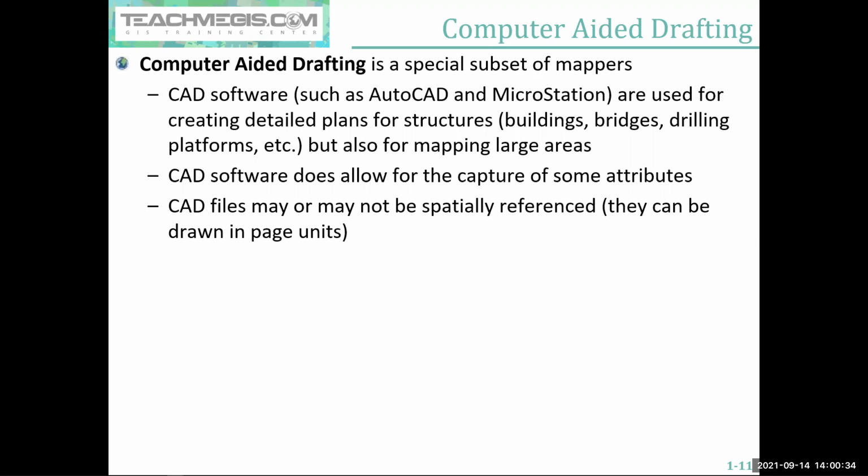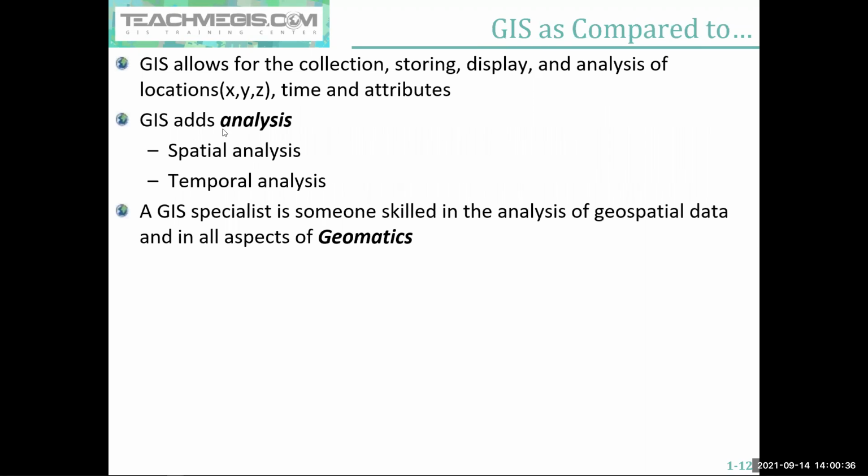The thing that makes GIS different is that GIS adds analysis into the mapping and the data collection, okay? GIS allows for the collection, storing, display, and analysis of locations, time, and attributes, okay?